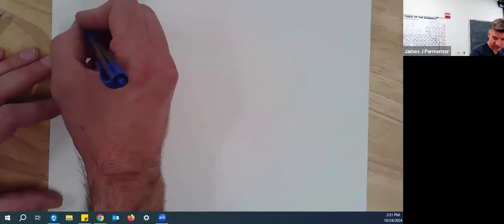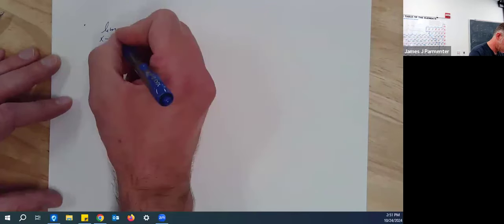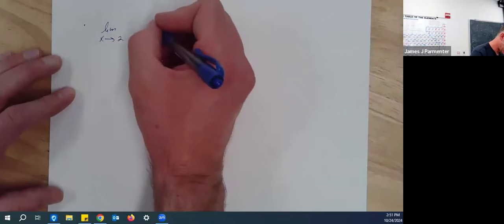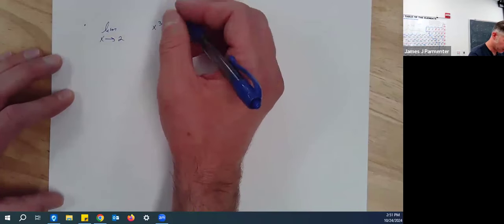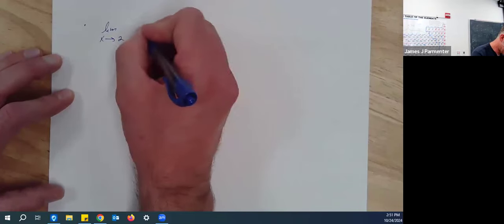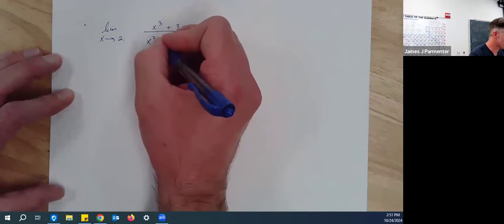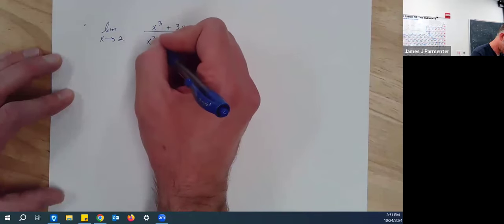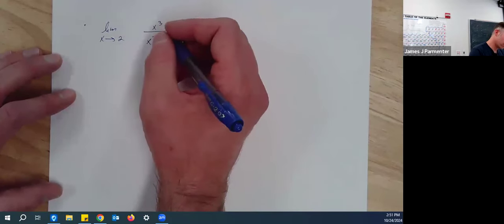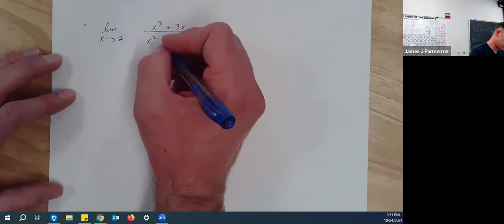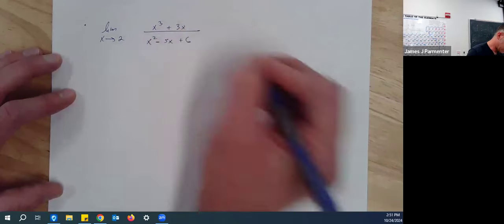So if I was asking a question like this, I would say, let's find the limit as x approaches 2 of x cubed plus 3x over x squared minus 5x plus 6.